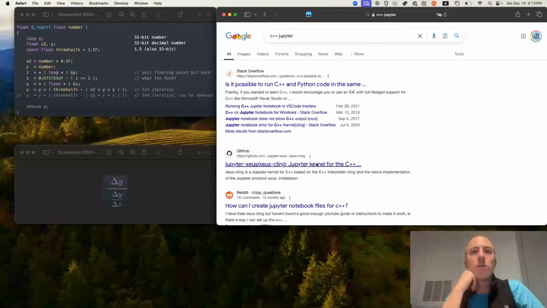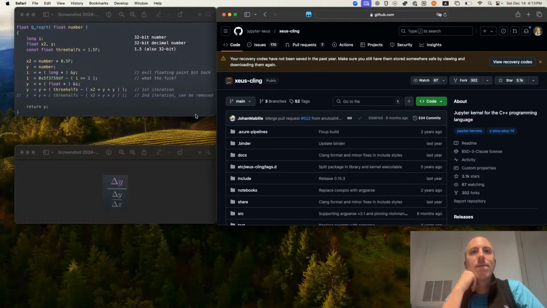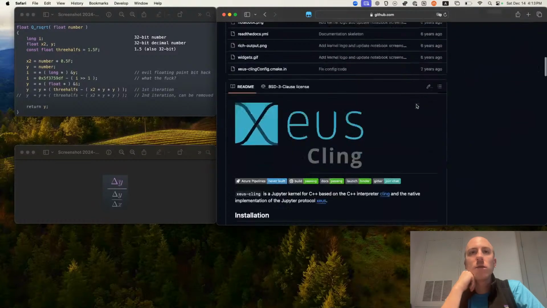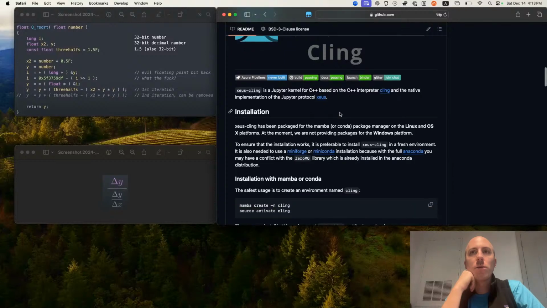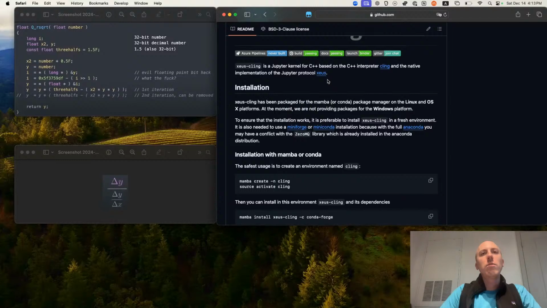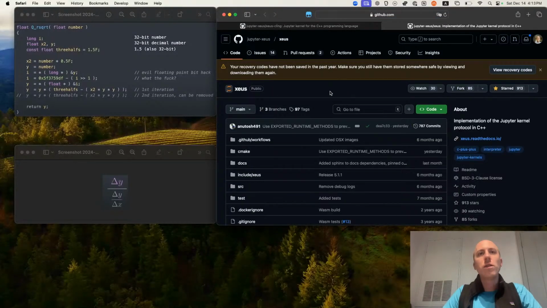Yeah, it's this Zeus thing, Xeus-Cling. Like 2 years ago, I don't know. Jupyter kernel for C++. Implementation of the Jupyter protocol.